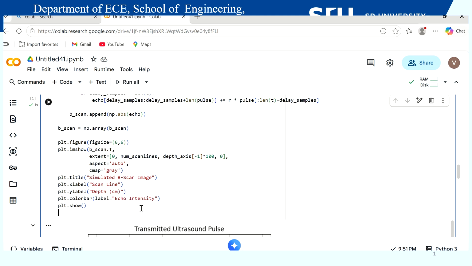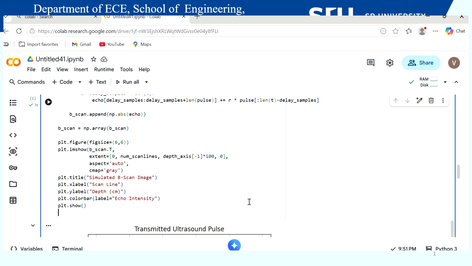Finally, the conceptual summary is: transmitter to pulse, then tissue reflector, then echo returns, then measure time delay, then convert to depth, then create image.